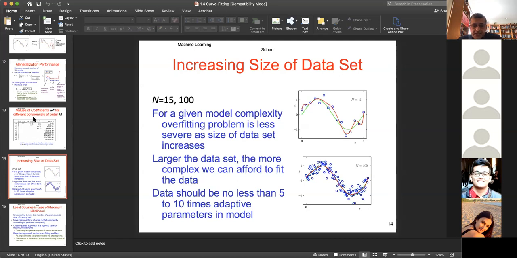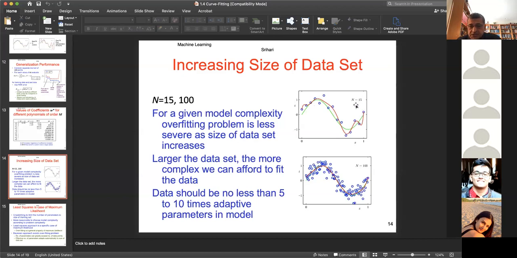All right, increasing the size of the data set. What if I increase the size of the data set? For a given model complexity, the overfitting problem is less severe as the size of the data set increases. Supposing I had n equal to 15, so instead of just 10 points, a lot more blue circles here.